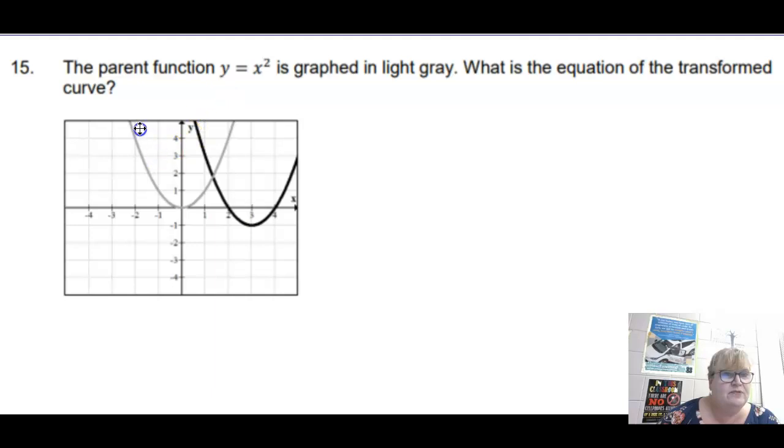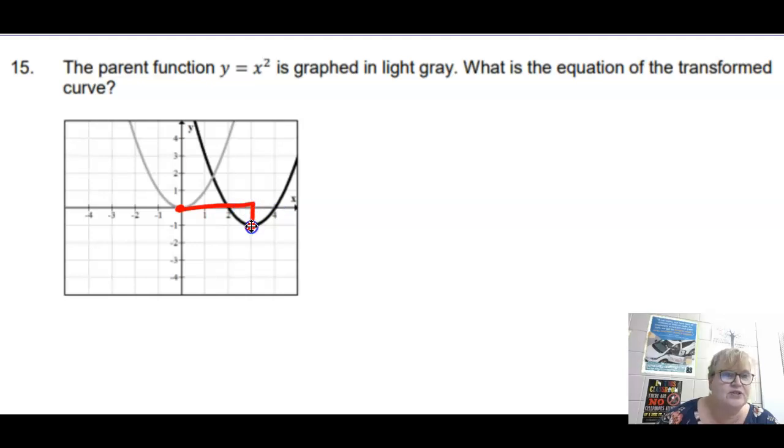All right, so today we are supposed to write an equation for this graph. It says the parent function is the light gray one. What is the transformed function? And what has happened here, it's the same size, but it has shifted the vertex over to here. When I say the same size, it might look a little bit wider, but if you look here, it was 2 units across right there, and it's still 2 units across just above the vertex.